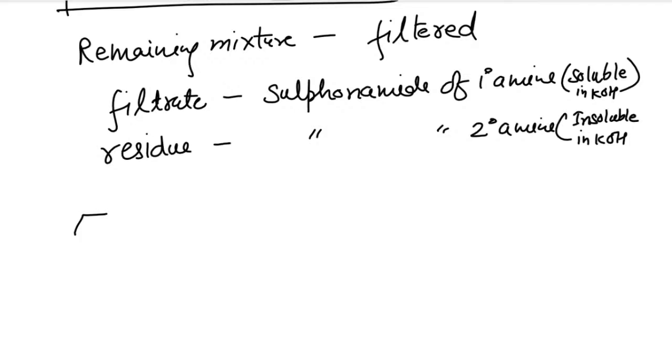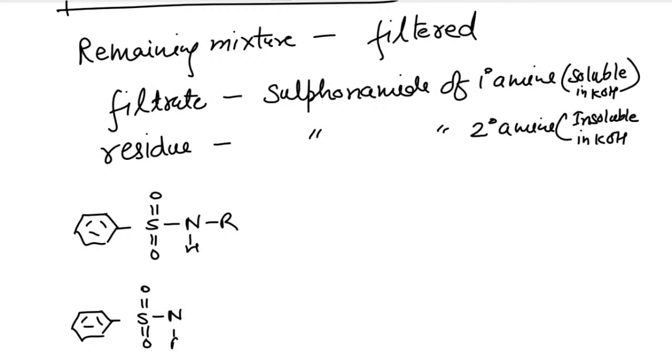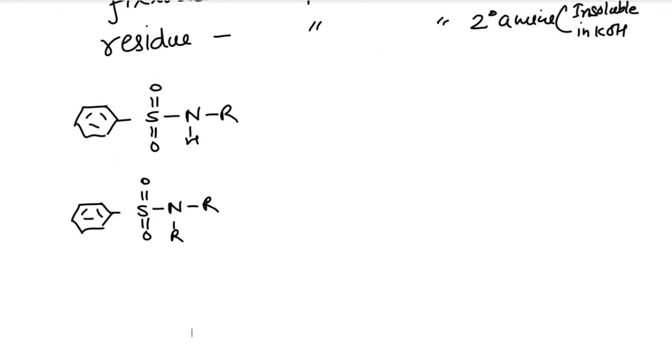Now we have the sulfonamide of primary amine, which is like this, an alkyl benzene sulfonamide, and the N,N-dialkyl sulfonamide, meaning the sulfonamide of secondary amine. Now these sulfonamides are hydrolyzed with dilute HCl to regenerate primary and secondary amine.